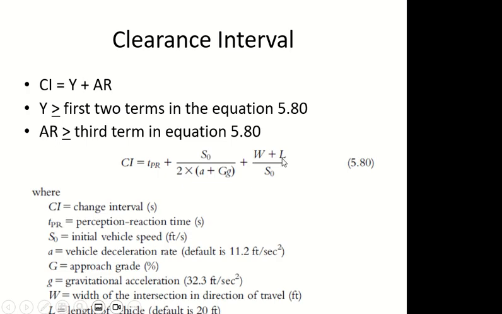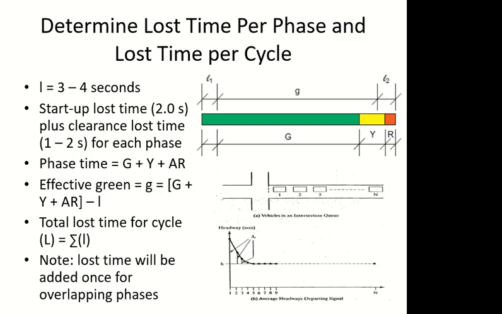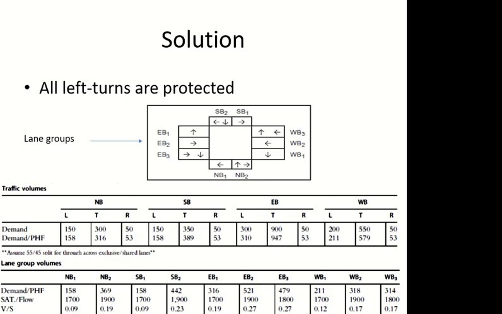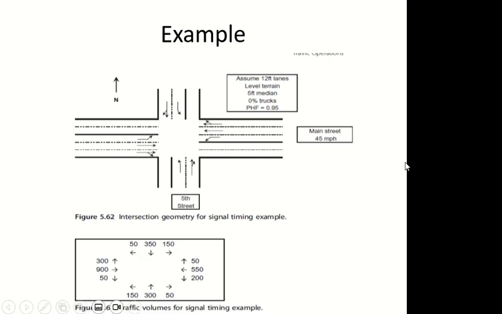Here I know L is the standard car length, 20. I know S naught, which is 45, times the conversion factor. Then W is the width being crossed in this direction. If I'm crossing east-west, I have 3 lanes, and each lane is 12 feet.